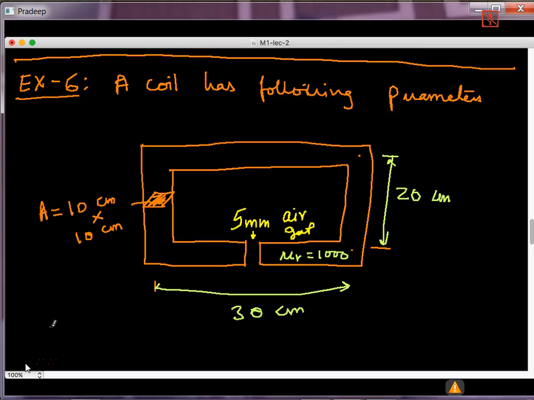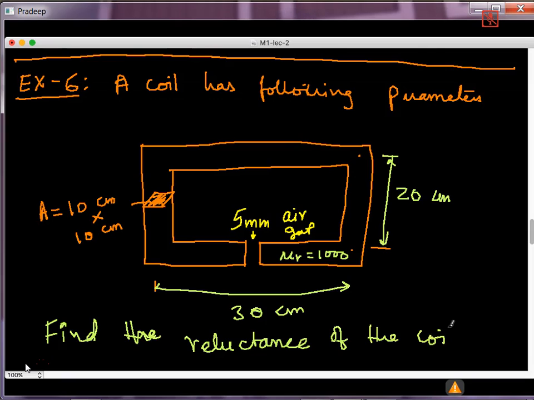So the question is, find the reluctance.